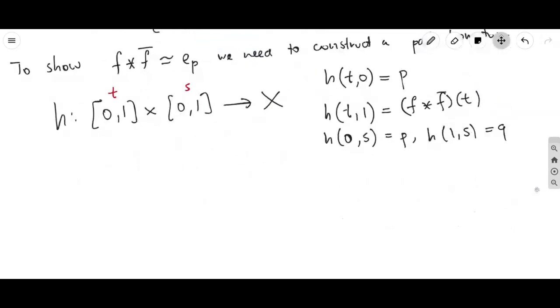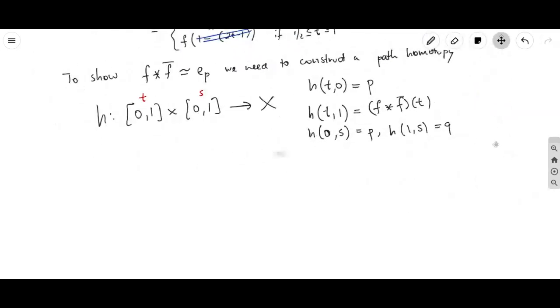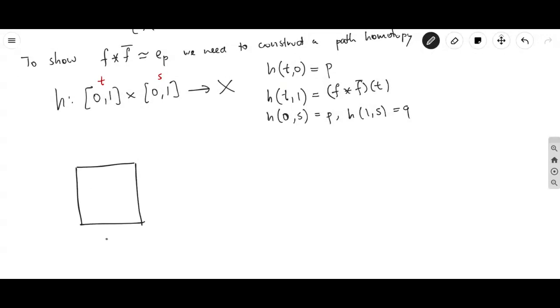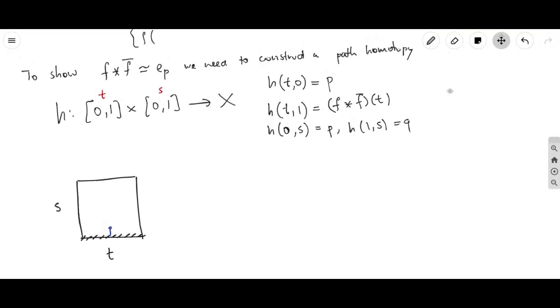So here, what we will do is draw a square just like before. This is going to be t, this is going to be s. On the lower edge, when s is equal to 0, we're going to have the constant path equal to P. On the upper edge, we have to have this juxtaposition.